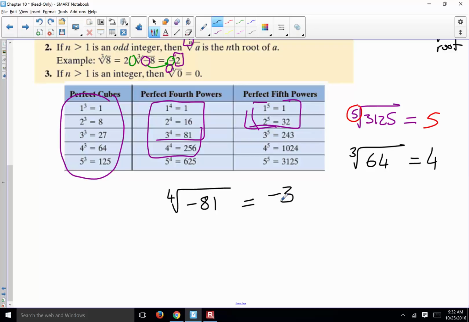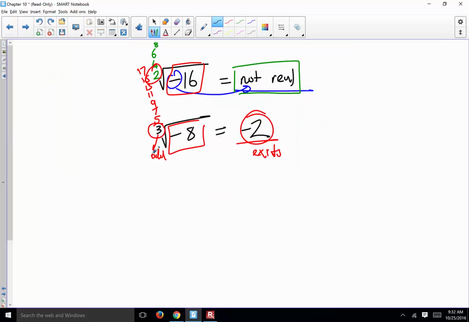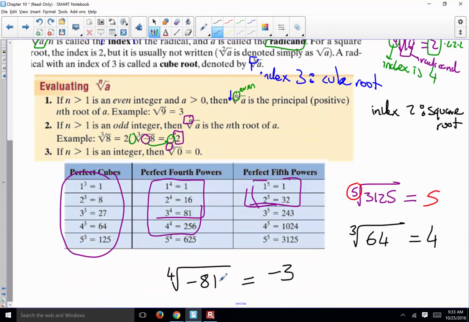No, that wasn't a compliment, because you made a major mistake. What did I tell you here? I've been saying it all the time: if inside is negative, be aware. Negative numbers, alert, alert, alert. You need to check the index if you see a negative number. If you have an even index and a negative inside, no result, not a real number.